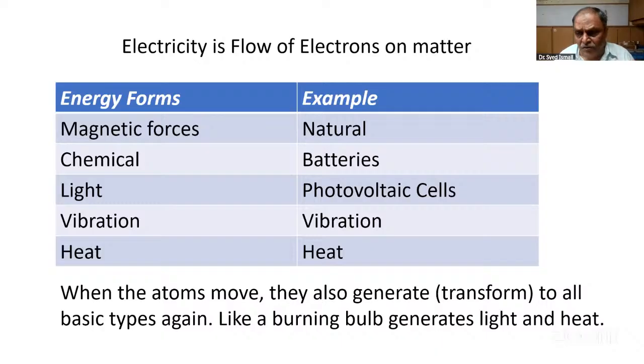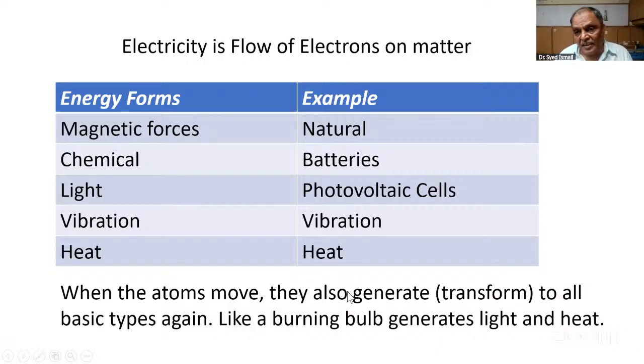For example, we have piezo sensors. You must have read that in China or in Europe they bury some small sensors on the road. When the cars go over, because of the vibration, they generate electricity and charge back again. So this is also a new technique which is coming up, to generate electricity from vibrations.